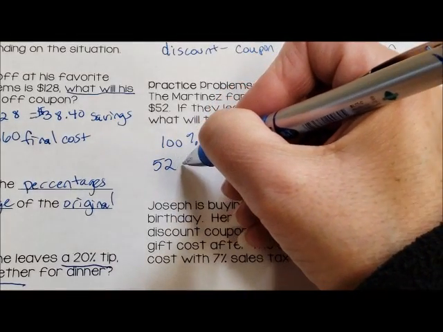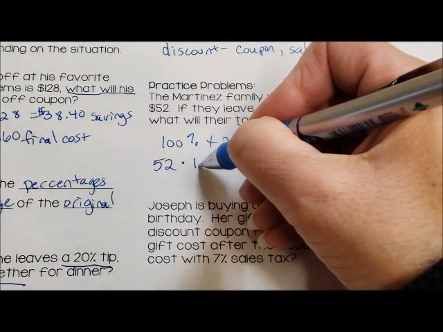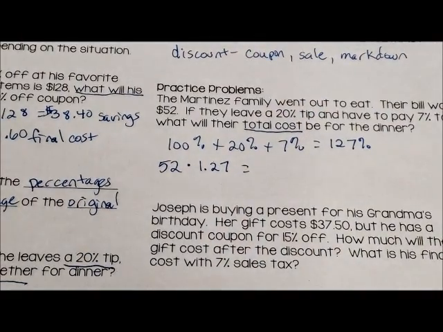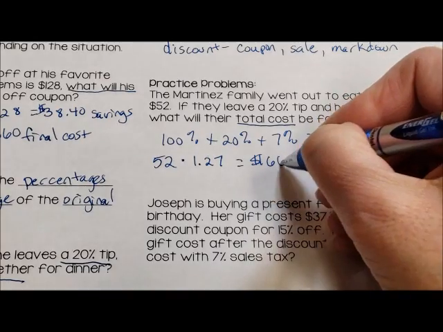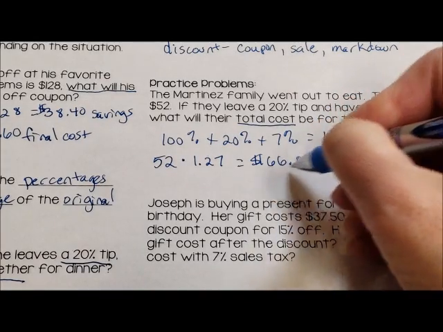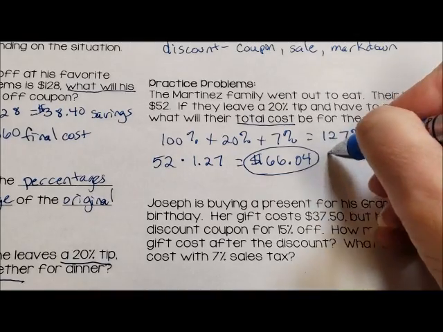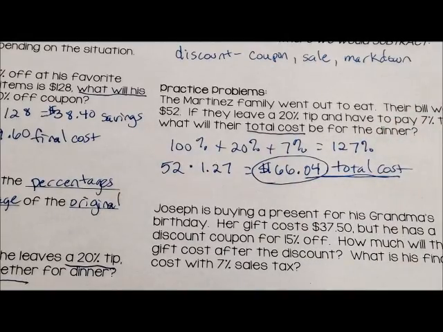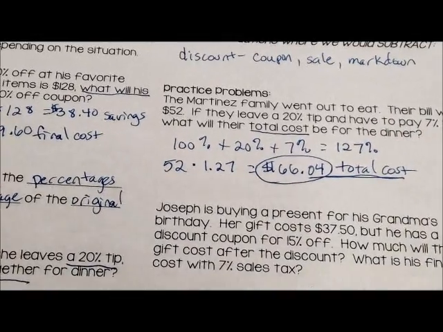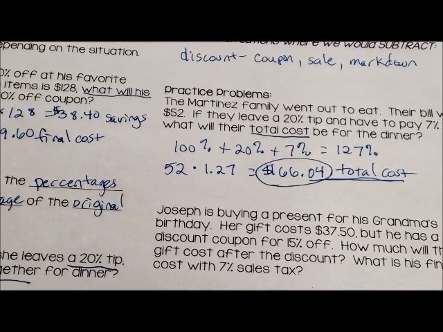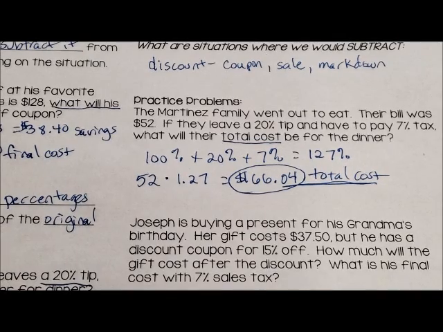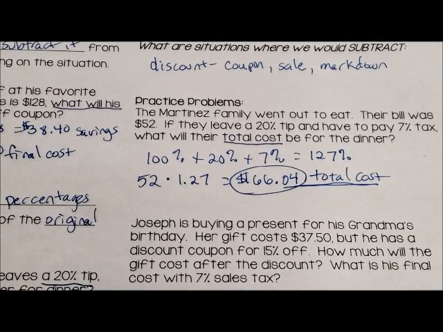So now if I do $52 times the decimal form of 127%, that's 52 times 1.27, that's going to give me that their total price for dinner is $66.04. And that is their total cost. So I'm going to label that just to be really clear. You also could very easily have found 20% of 52 and then separately found 7% of 52 and then added both of those amounts to the original total of 52, and that would still give you $66.04.